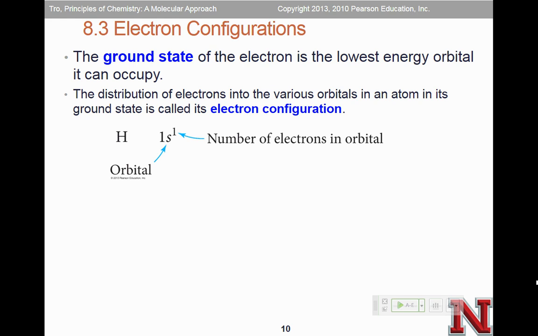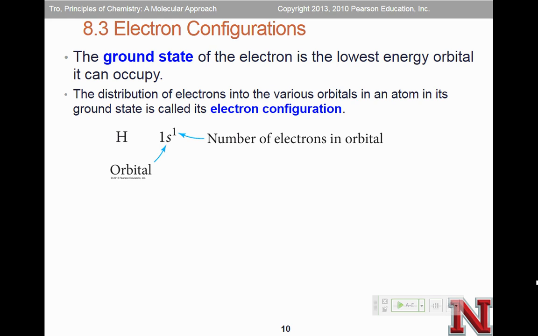When we show these, our electron configurations are typically written like this. What we see is this 1 that represents our n. So what we're looking at is hydrogen. Hydrogen has 1 electron. Its atomic number is 1.